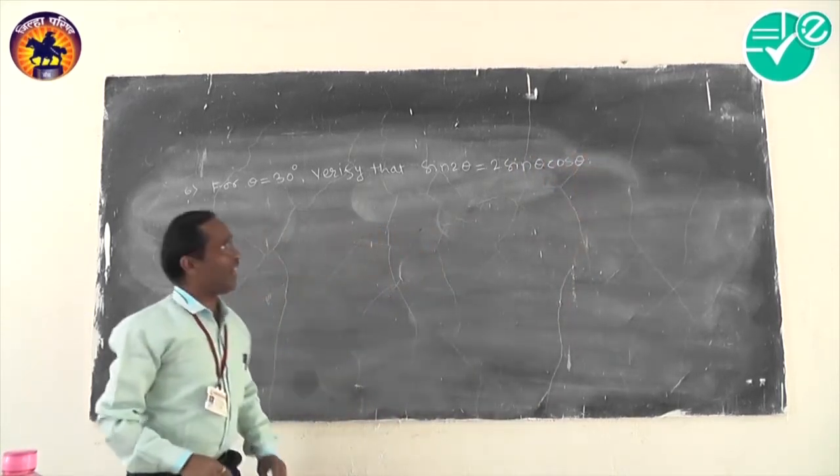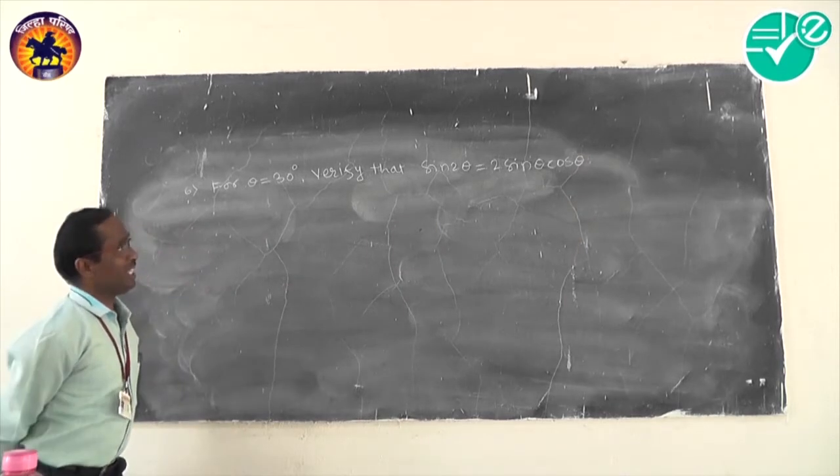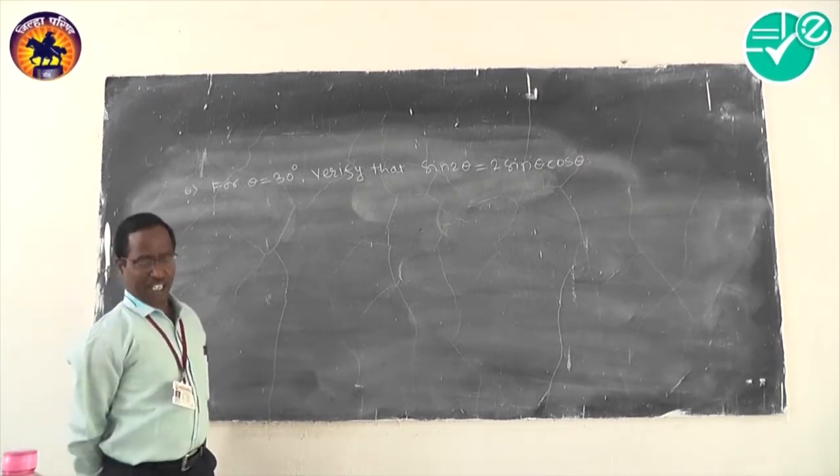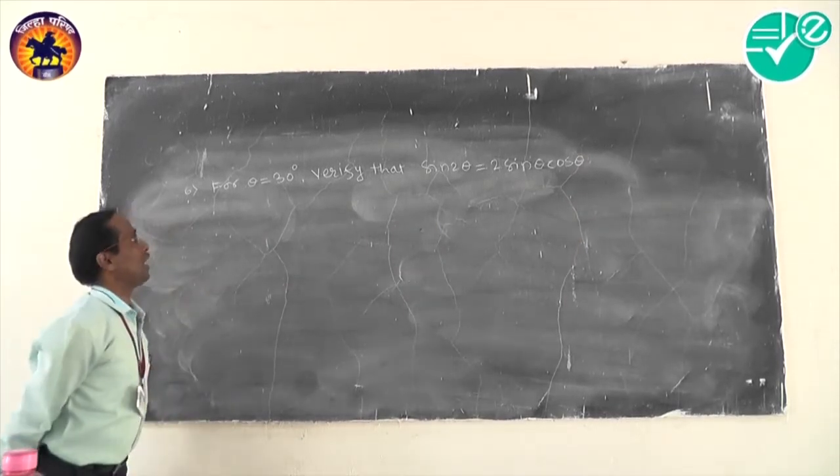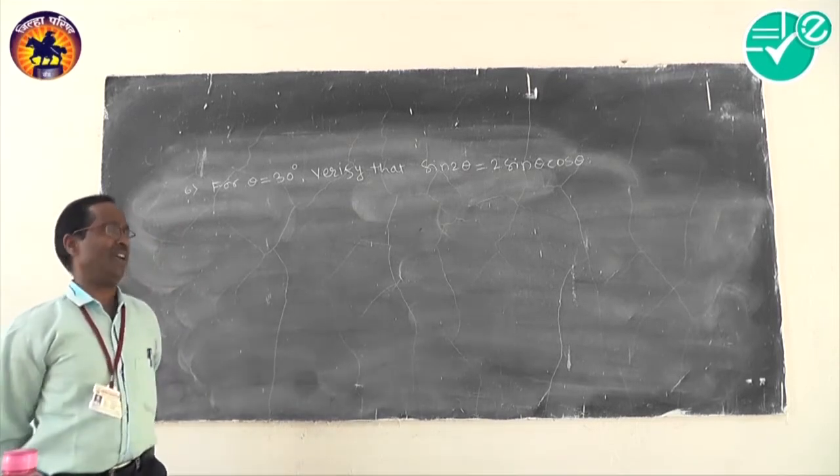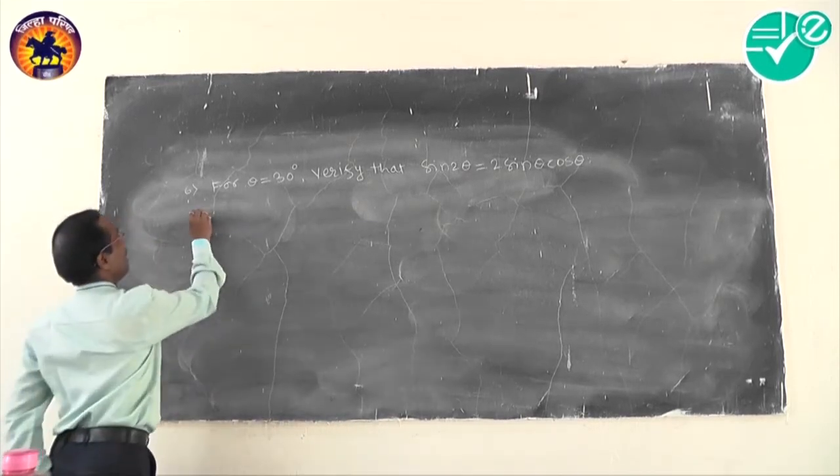Now we want to verify that sin 2 theta is equal to 2 sin theta into cos theta. So the value of theta is given here, 30 degrees.